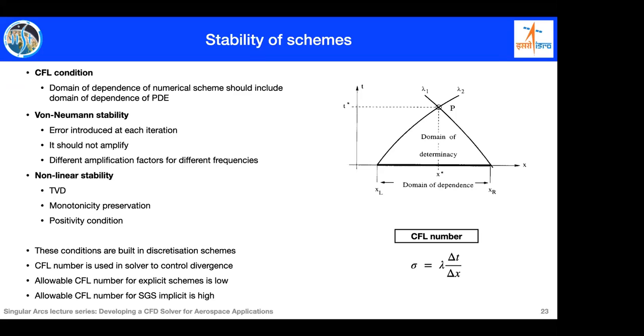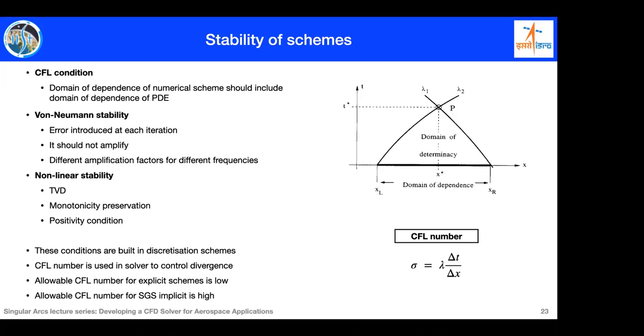The thing that we can control in this is the CFL number. If our simulation is diverging, then the only thing we can control is basically the CFL number. If we reduce the CFL number, we are reducing the time step, which means we are considering a smaller domain of dependence, and that gives better stability.